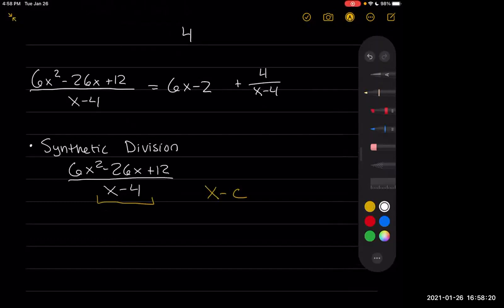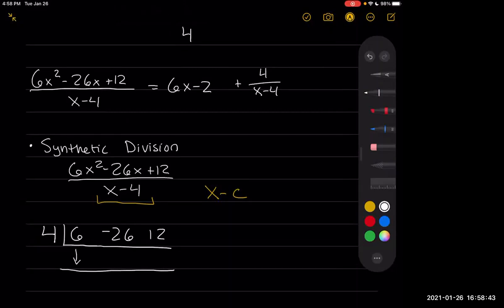So we take that minus c and we just write the c. So since we're subtracting 4, we're just writing a 4. If it was x plus 4, then we would have a minus sign here. All right, so then we have 6, negative 26, and 12.